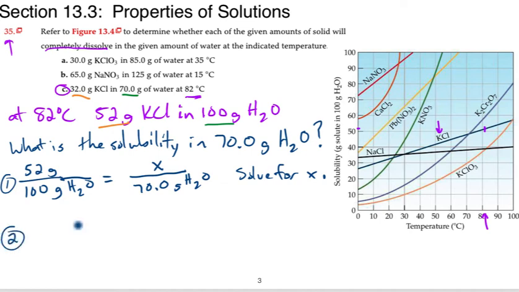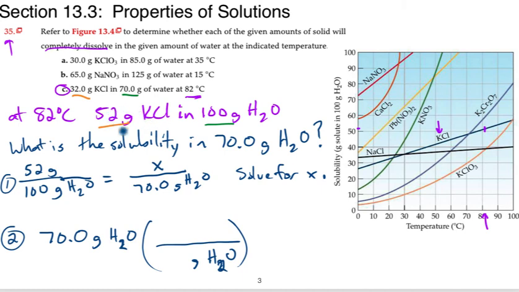Another way to do it is to say, I'm curious about 70 grams, how much sample is going to dissolve in 70 grams of water. And then I'm just going to treat this as a conversion factor. For every 100 grams of water, 52 grams of the solid can go into the solution. Let's think about this as strictly a dimensional analysis, unit cancellation game. I want to know how much of this solute is going to dissolve in 70 grams of water.